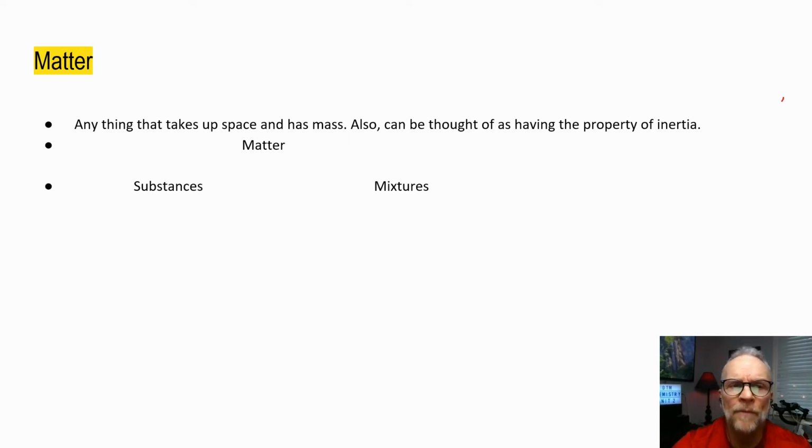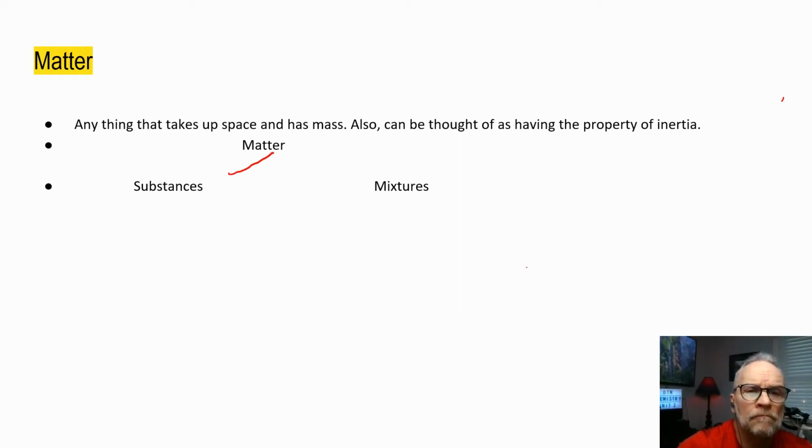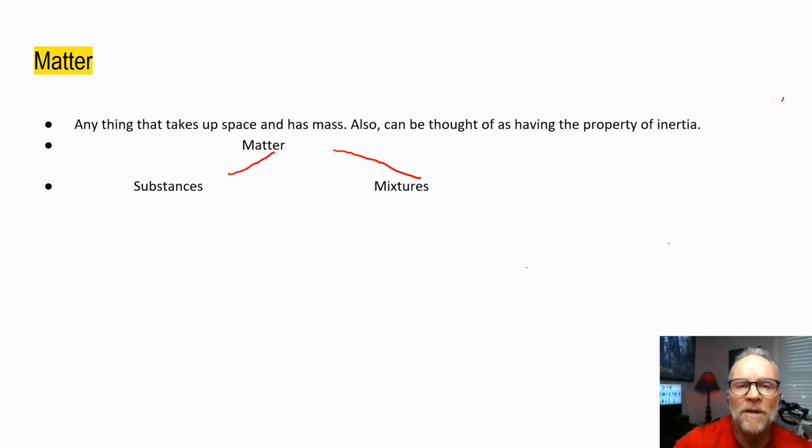So let's do that. We have matter divided into two broad categories: substances and mixtures. Mixtures have two or more substances that can be physically separated.